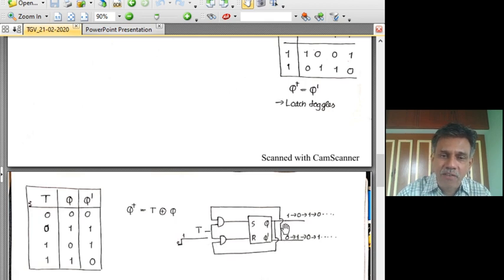It takes a finite amount of time for the feedback signal to propagate through the cross-coupled NOR or NAND gates of the SR latch and affect the Q. The pulse width of T has to be smaller as compared to the propagation delay of this SR latch, so that the changed output, that is the flipped one, does not go back and re-change the state of the latch. So it just affects only once.